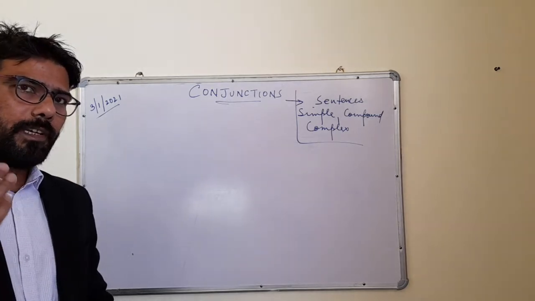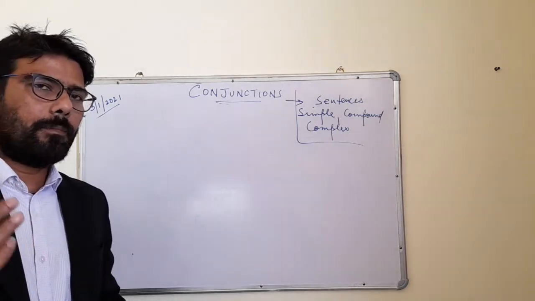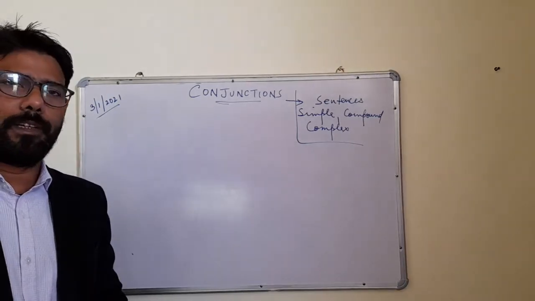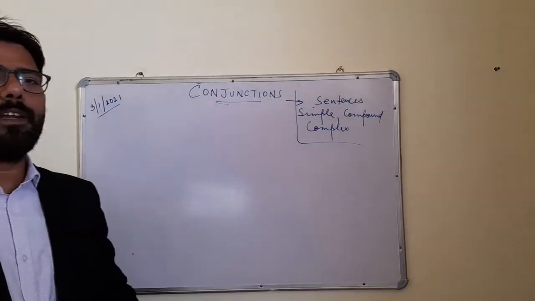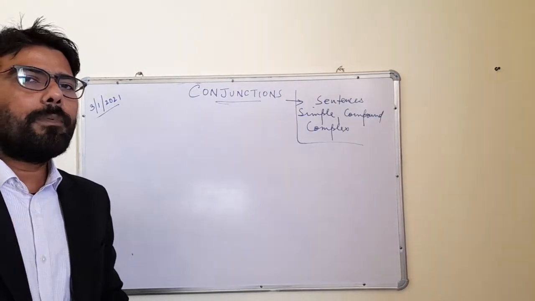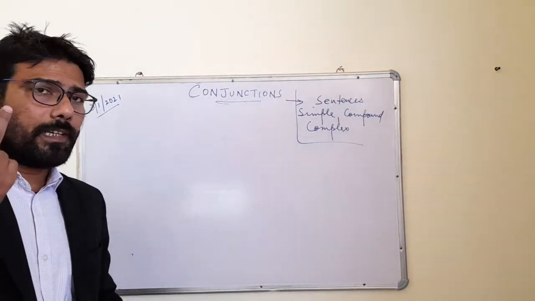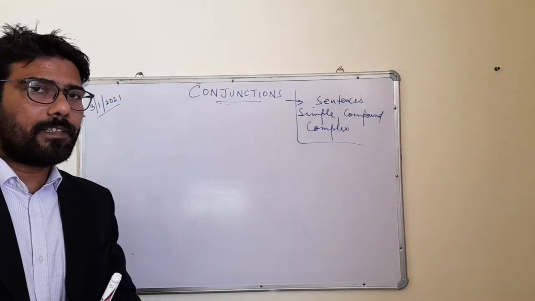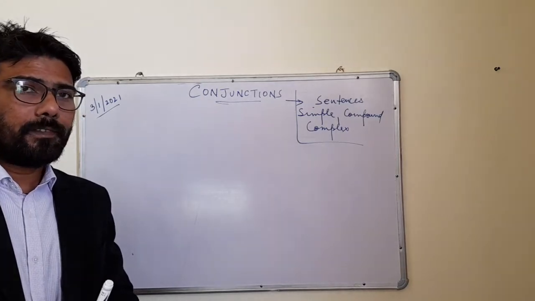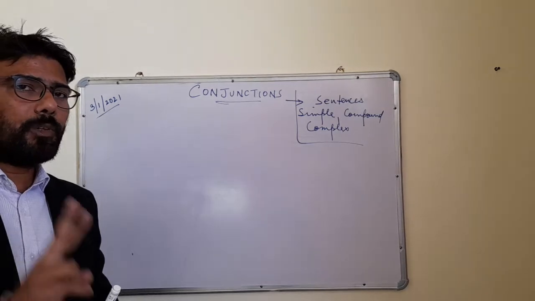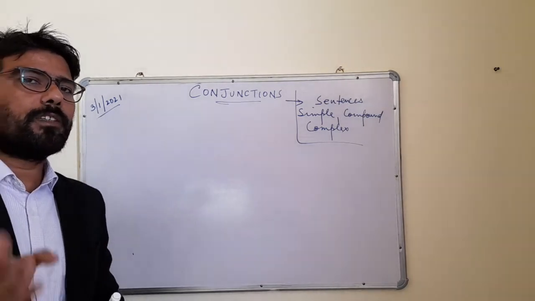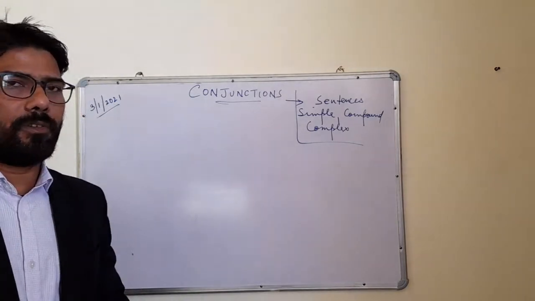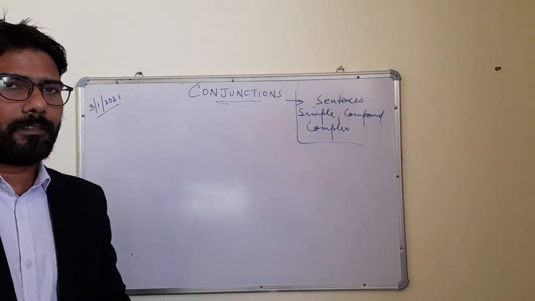So if your grammar is perfect, your writing, your documenting part would also be perfect. This chapter will help you in two things. One, you will be able to construct good, correct sentences. And second, you would be able to distinguish between conjunctions and other parts of speech.